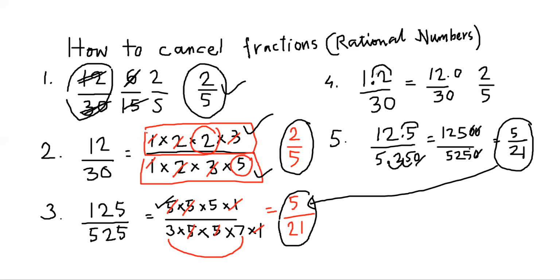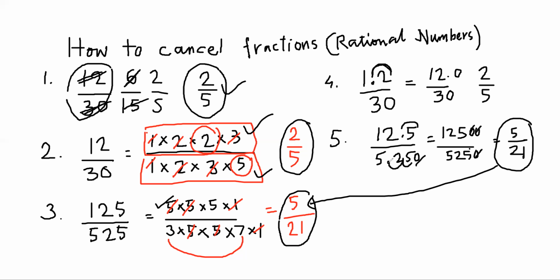If you have a decimal, if you shift one decimal point to the right, then you add a 0 in the denominator. And if you shift 1 towards the right in the denominator, you add a 0 in the numerator.